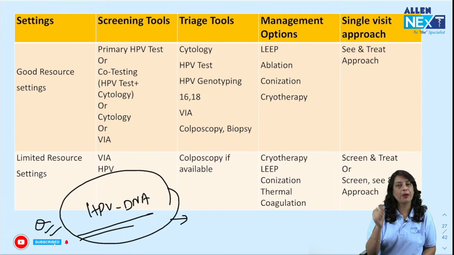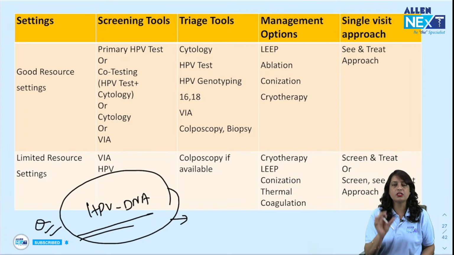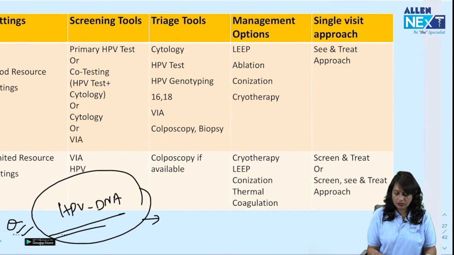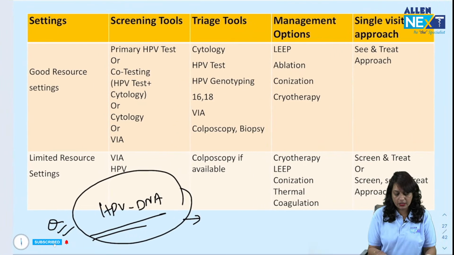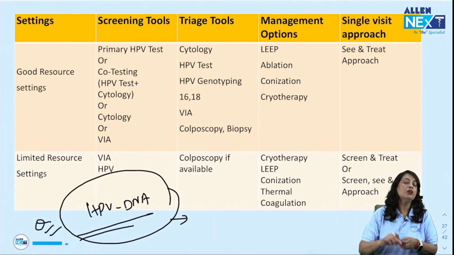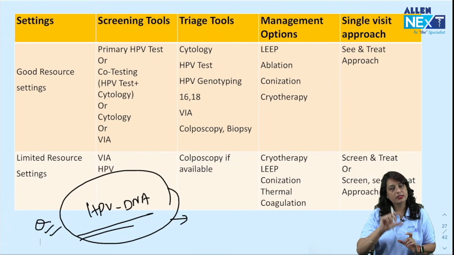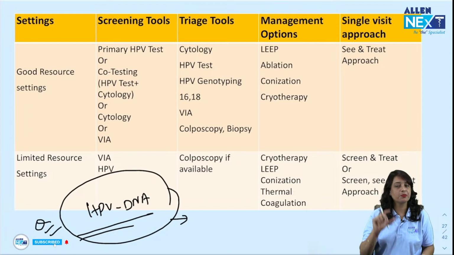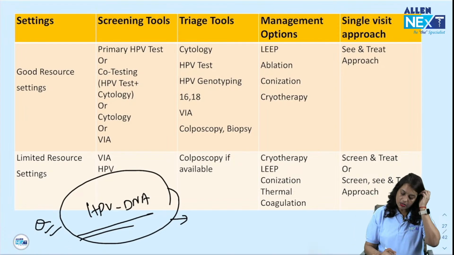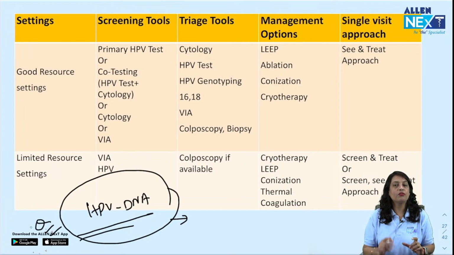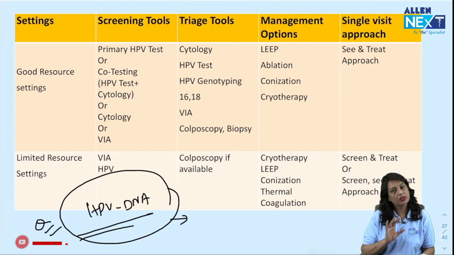Like we are taking a pap smear from the cervix, similarly the sample is taken like the liquid based cytology. I am working in a Cancer Institute of Delhi, one of the reputed cancer institutes. So what we are doing is we are taking the pap smear, that is a liquid based cytology, and the same sample we are sending for HPV DNA testing. So HPV DNA testing is the best screening tool in resource rich countries.